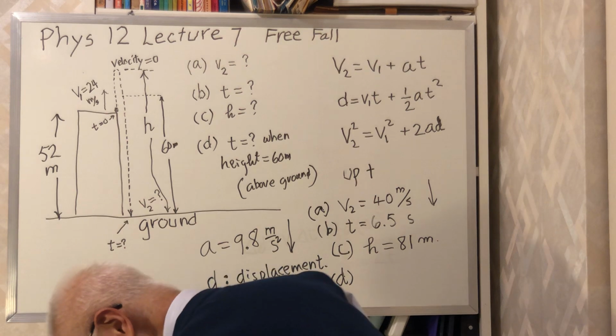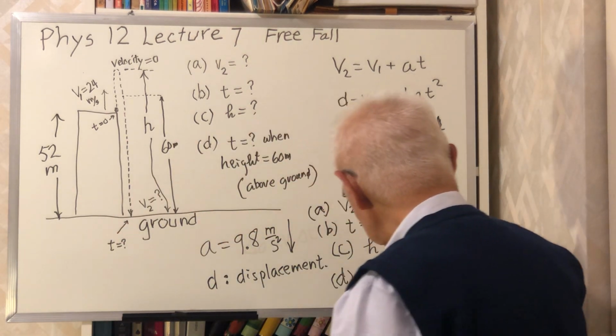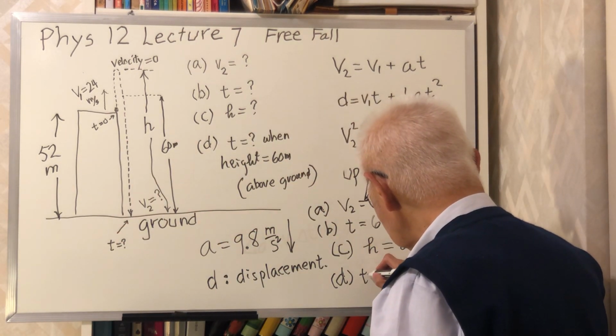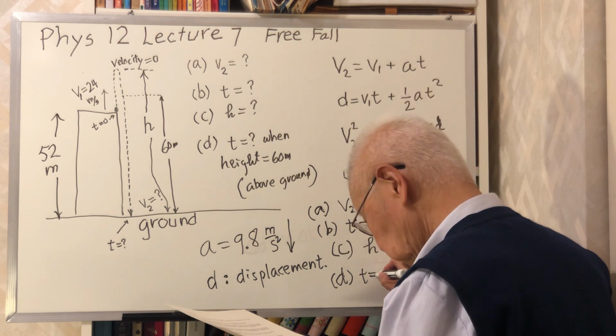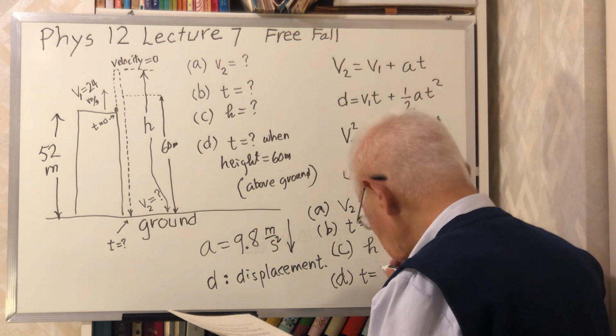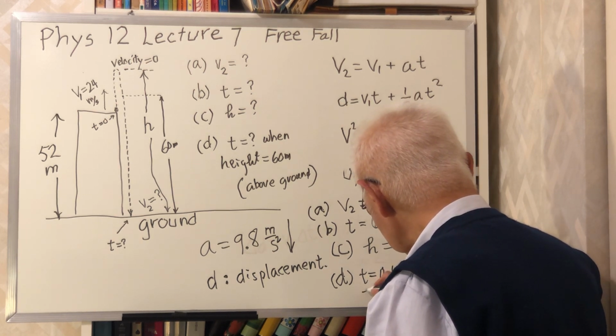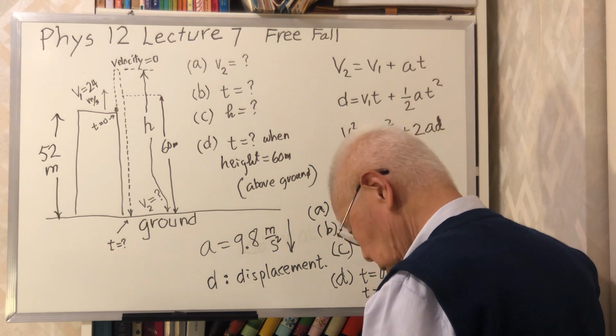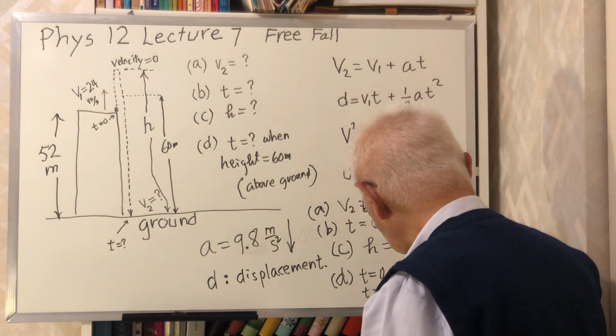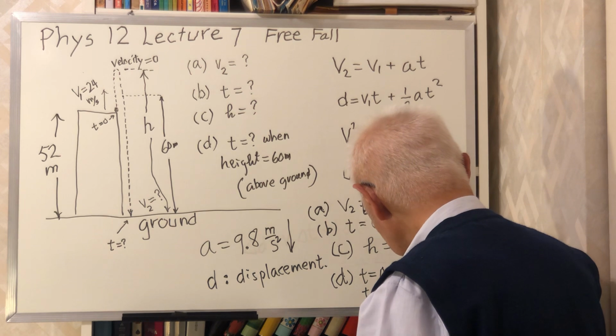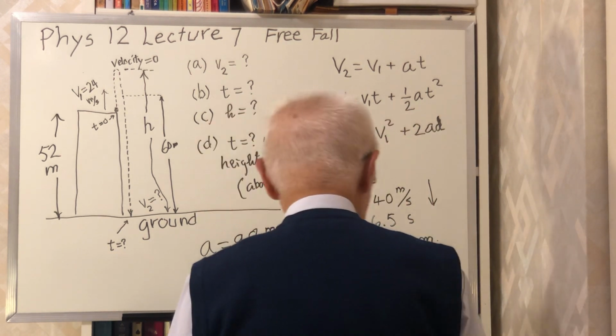So what do you have? T equals 0.46 second, and T equals 4.5 seconds. So you have 2 answers.